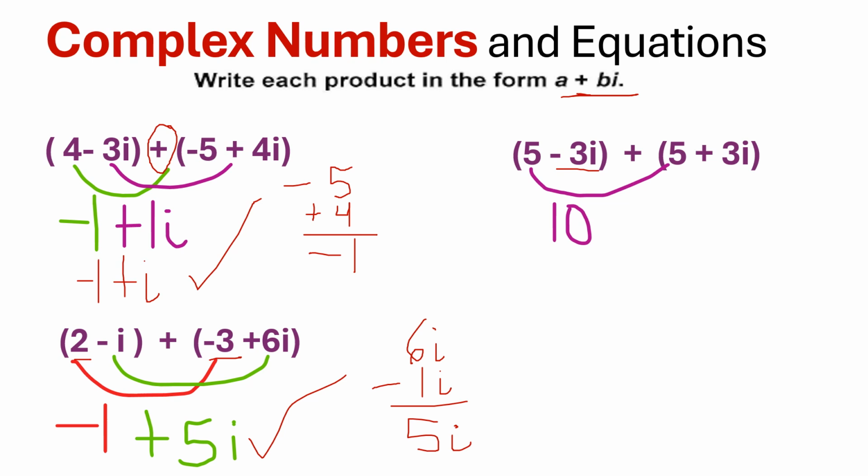Negative 3i plus 3i is subtracting myself down to a 0. 10 plus 0 is 10. You don't have a complex number, so your answer is 10. Thanks for watching, guys.